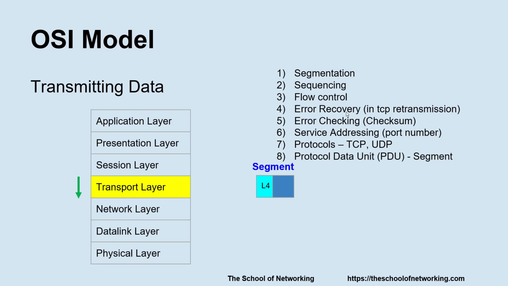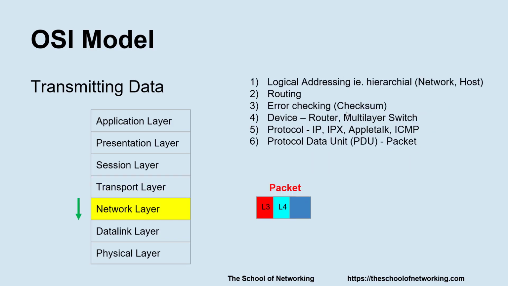The protocol data unit at the transport layer is the segment. If the data is bigger in size, it is broken down into smaller parts, and a layer 4 header, which could be TCP or UDP, is added, and then it moves down to the network layer, that is layer 3.